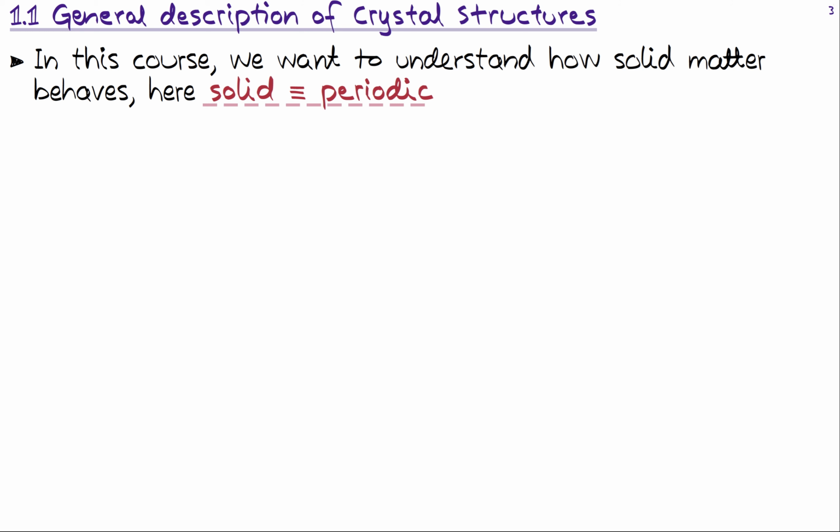And of course, I guess one could say that there's something between entirely non-periodic structures and periodic structures. For example, quasicrystals are structures that have order, but they are nevertheless not periodic. Maybe during some parts of the course, we will discuss a little bit about quasicrystals.